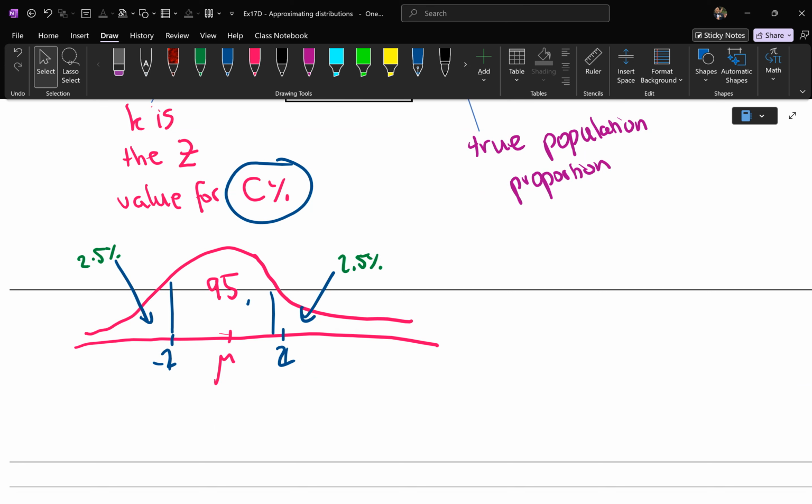Now this goes back to what Joe said before, but he was wrong for that scenario. If I want to find the actual true Z, this is an approximation. To find the actual Z value for this one, what do you use now? Inverse norm, because you know this is 2.5%. You know the standard normal has mean 0, standard deviation 1. So you can find the Z value.